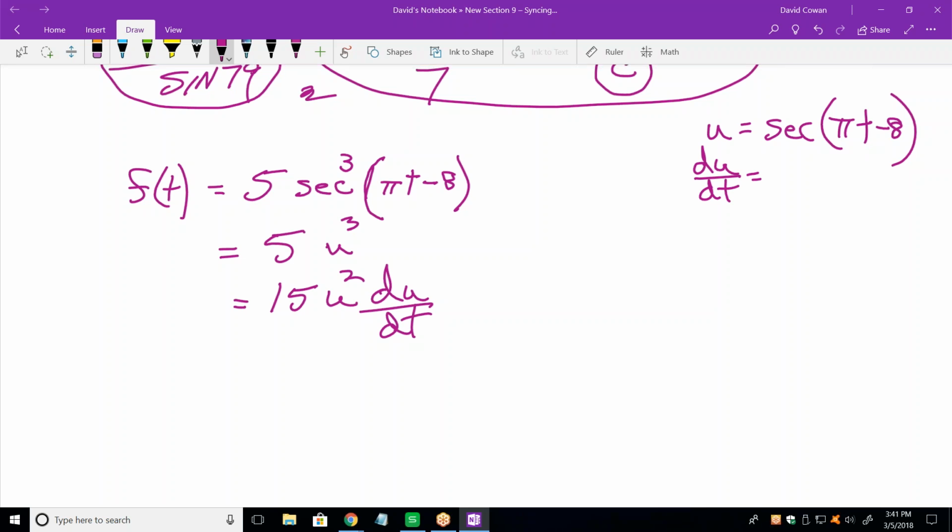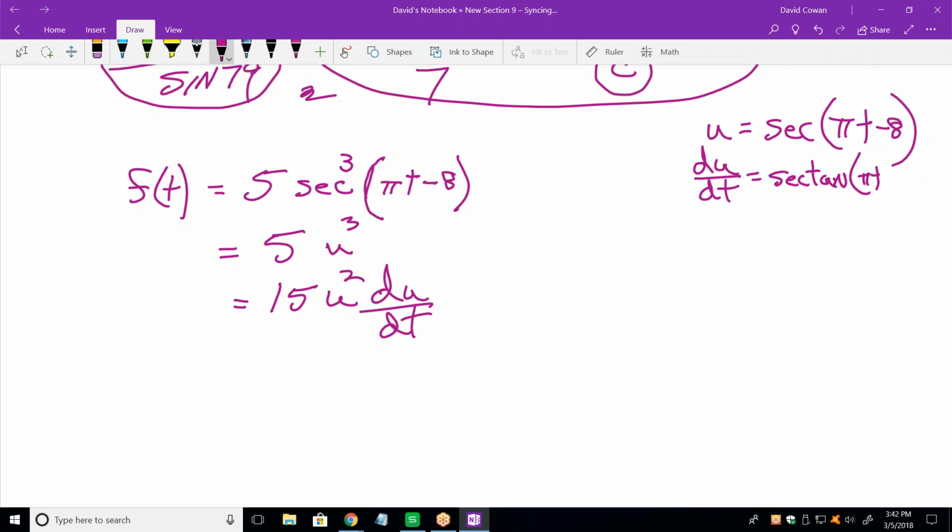What is that over here on the right? Let's see here. It's the derivative of secant. So the first thing you need to ask yourself is what is the derivative of secant? All right, so then that'd be, oh gosh, is that secant tangent? Yep. So it's secant tangent, same argument.